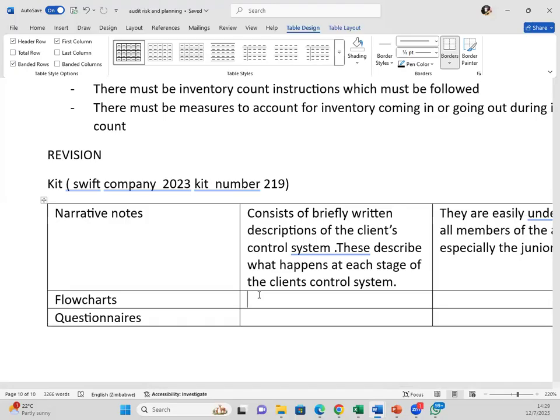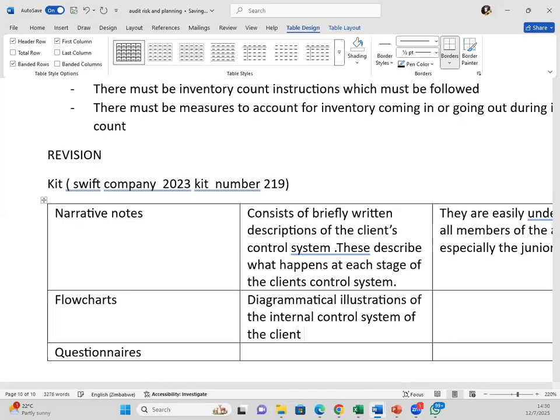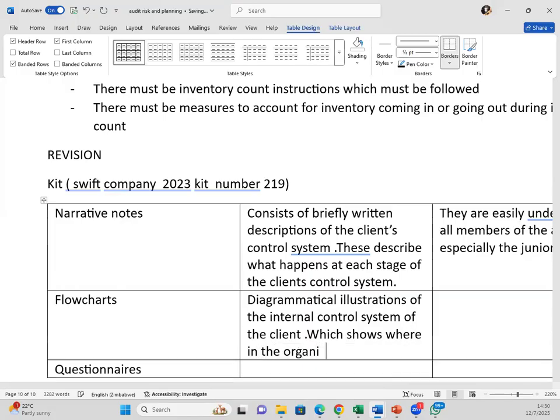So flowcharts, what are they? Flowcharts, we can say these are diagrammatical illustrations of the internal control system of the client, which shows where in the organization there are controls.